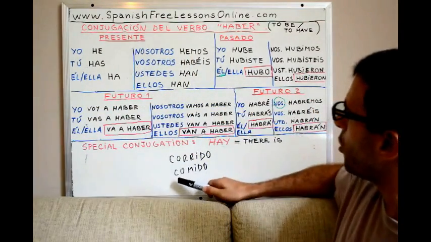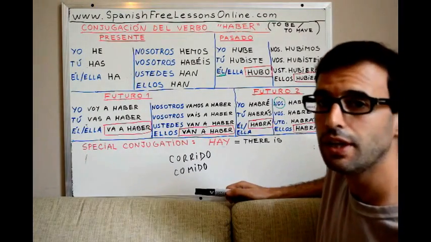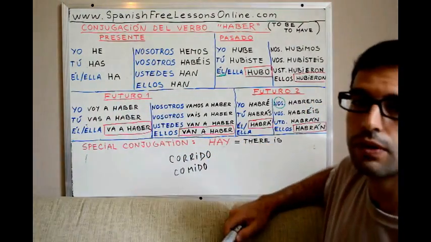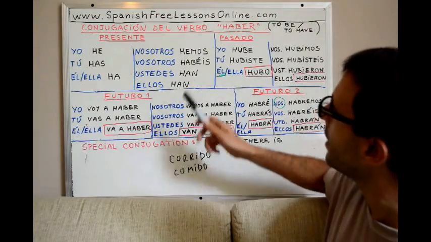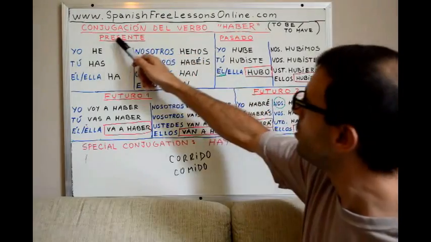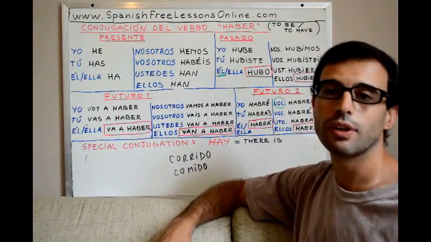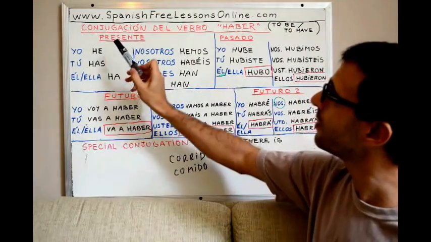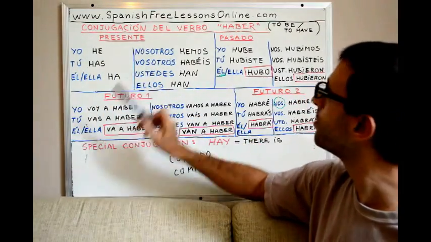Nosotros hemos comido means we have eaten, right? Ella ha comido means she has eaten, right? So this is the conjugation we would use for present perfect, right? And this is the present tense of the verb haber.